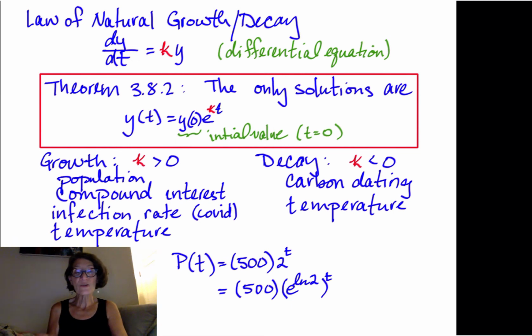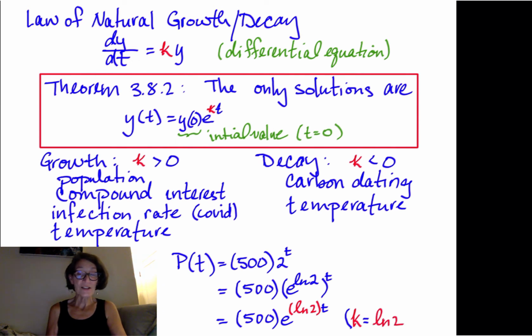And now we're using the properties of exponents. When you take e, raise it to a power, and then raise that to another power, you can just multiply the exponents. So we really have 500 times e to the natural log of 2 times t. And notice that does have the form e to the kt.